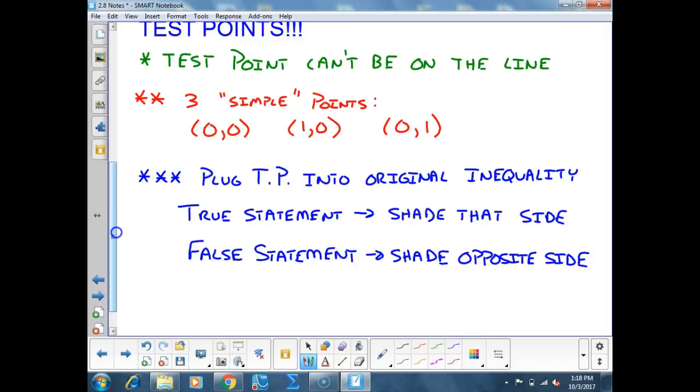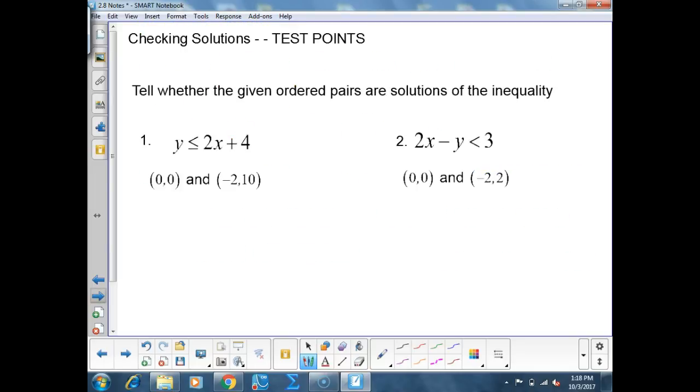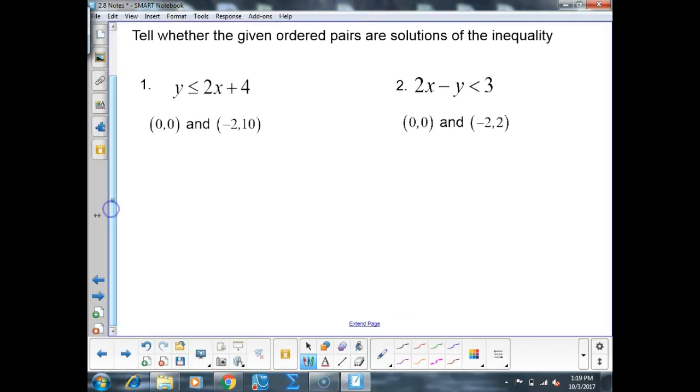Let's get a little practice in terms of testing test points. Okay? So, tell whether the given ordered pairs are solutions to the inequality. I'll do number 1. You can do number 2 here. Number 1 says we need to test 0, 0. So I'm going to put 0, 0 into my inequality.